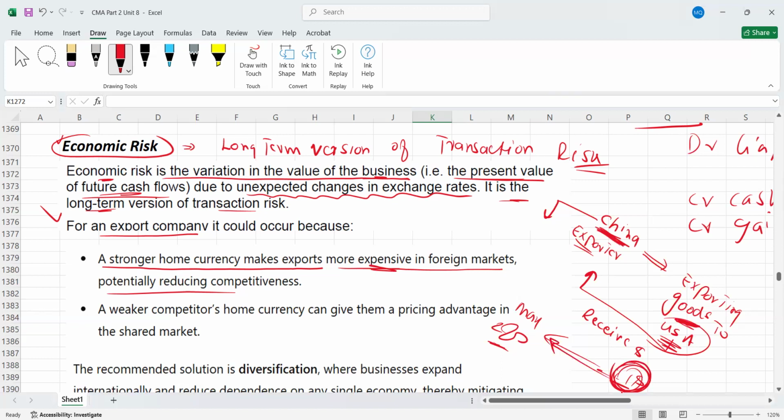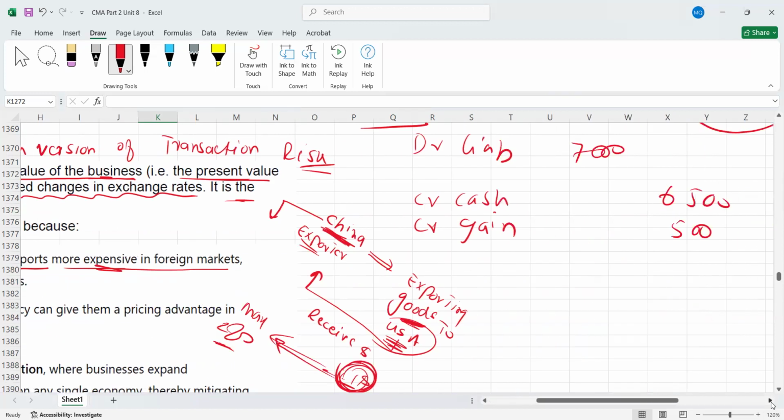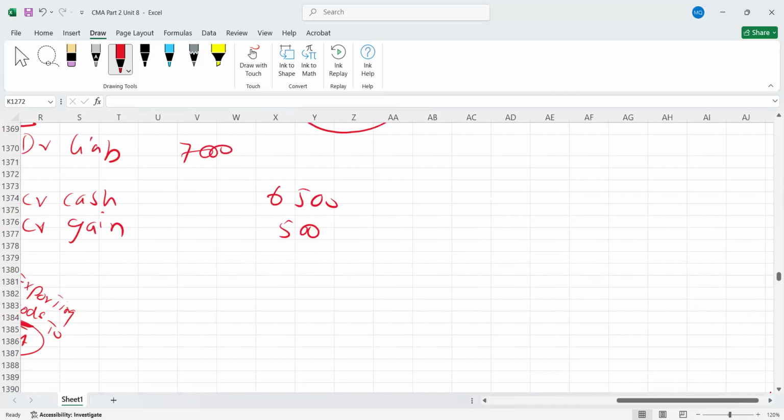This is a general rule, guys, it applies everywhere. Those countries who want to boost their exports, who want to increase their exports, what they do is devalue their own currency. Own currency means their local currency. They will devalue it if they want to increase exports.